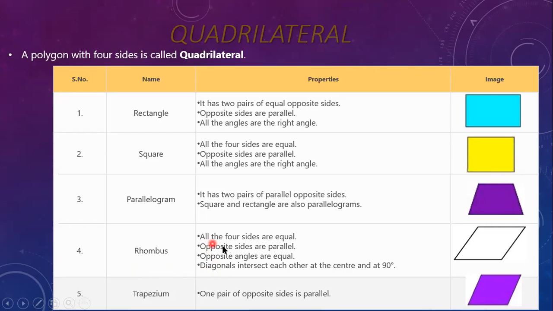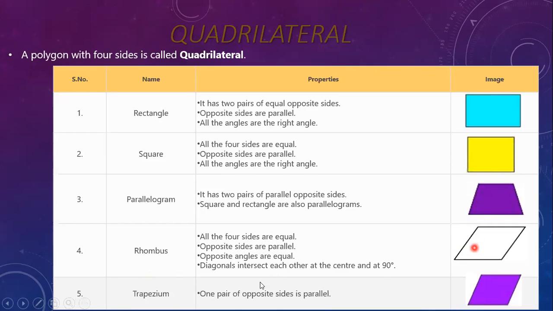Next is rhombus. All the four sides are equal. Opposite sides are parallel. Opposite angles are equal. Diagonals intersect each other at the center at 90 degrees. If you draw the diagonals, they meet at the center at 90 degrees.